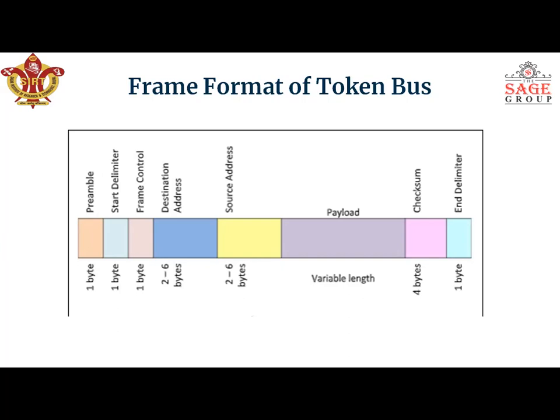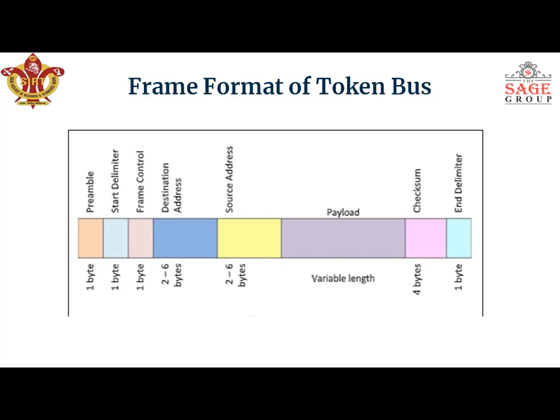Whenever the data packet reaches its exact destination, that site removes the data packet and puts a new token in the ring, so that we can give another computer the chance to claim that new token. So this is the process.